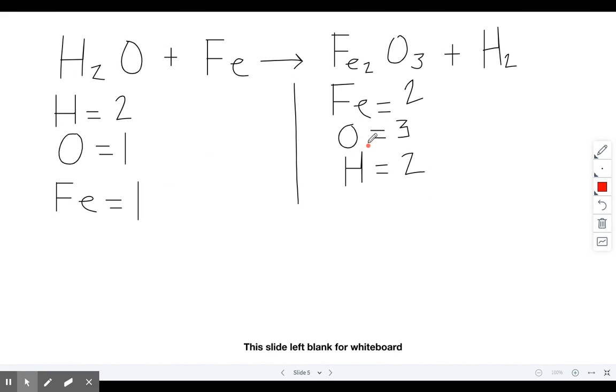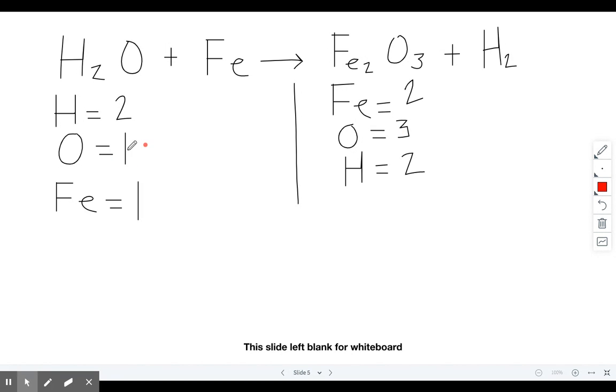Now, I'm going to fix my oxygen first because the iron is by itself. Remember, if there's a pure element, I want to fix it last. The hydrogen's also by itself, but hydrogen's already balanced, so I'm not going to worry about it right now. Let's see. I have 3 oxygen and I have 1. I always go to the one that has less.